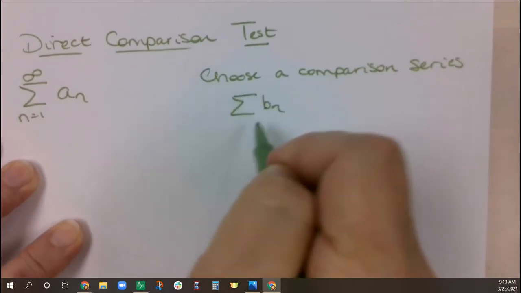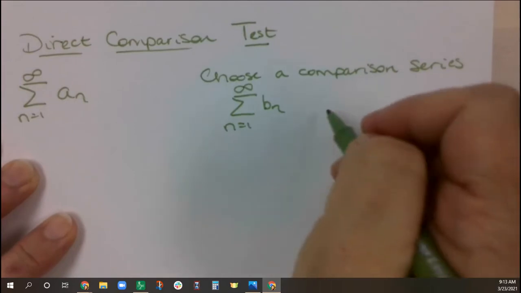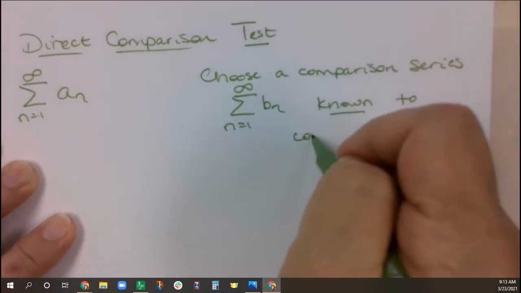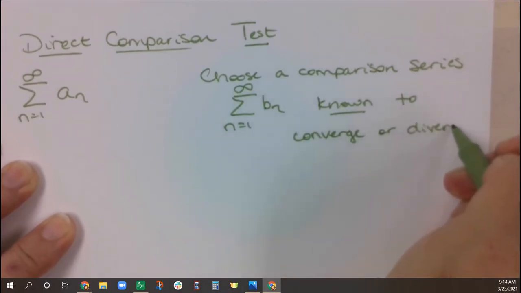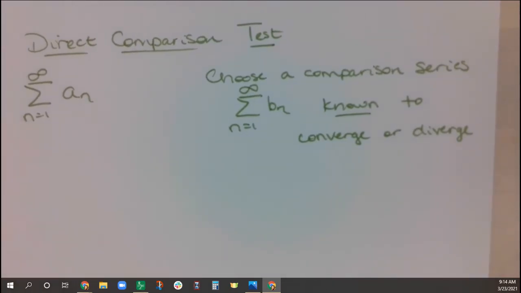I'm going to call that comparison B sub n, known to converge or diverge. So we're going to pick a series that we can easily know if it converges or diverges. Most often it's a P series, sometimes a geometric series.